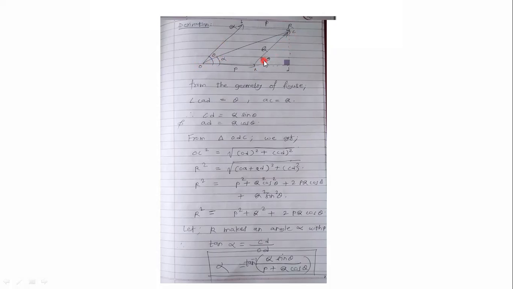Because this is a parallelogram, these two opposite sides are always equal. That's why we call it a parallelogram. So side OQ will be equal to side AC. And side OA will be equal to side BC, which is equal to P, right?